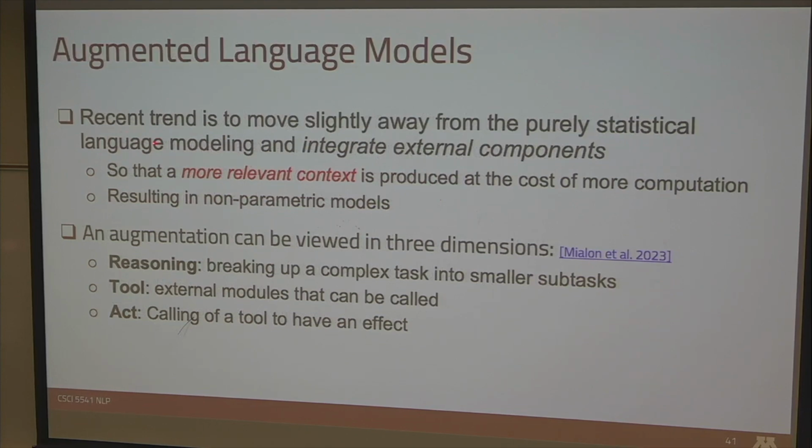So the recent trend, especially in industry, is to move away from purely statistical language modeling and try to integrate external components before generating the response, so that the external component provides additional information and more relevant context is produced.